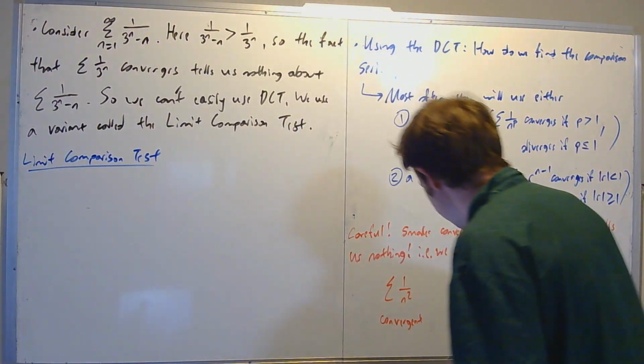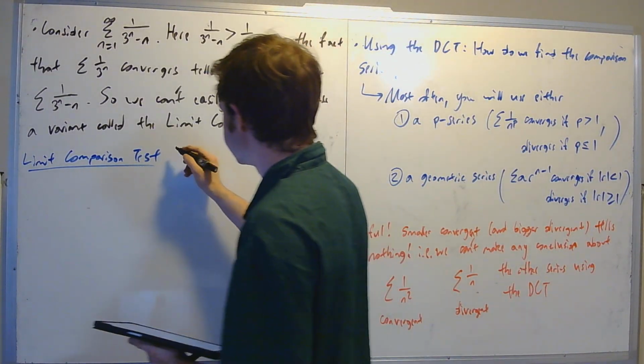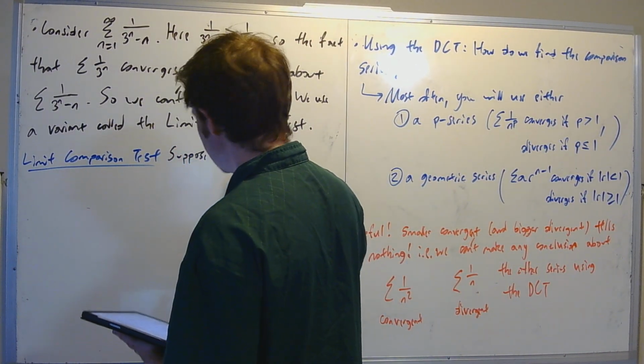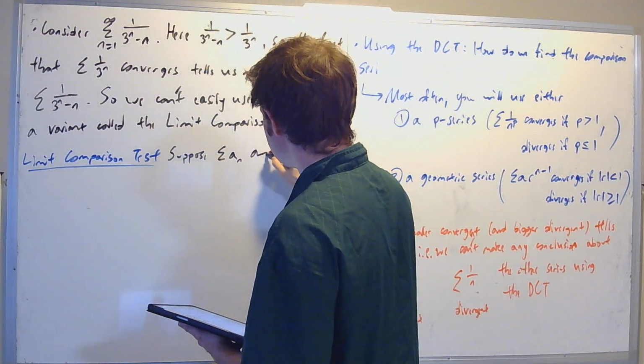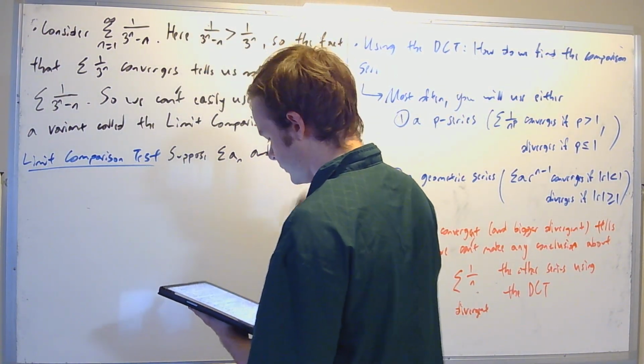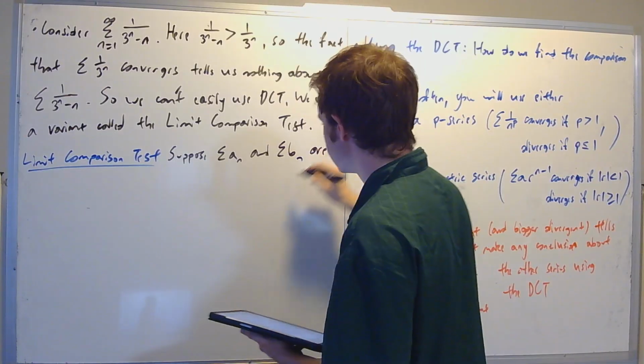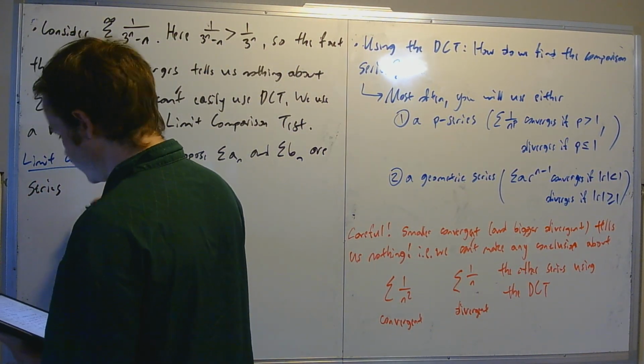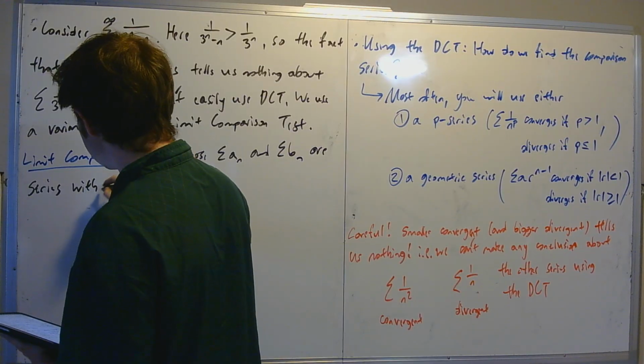is going to say, suppose the sum of an and the sum of bn are series with positive terms.